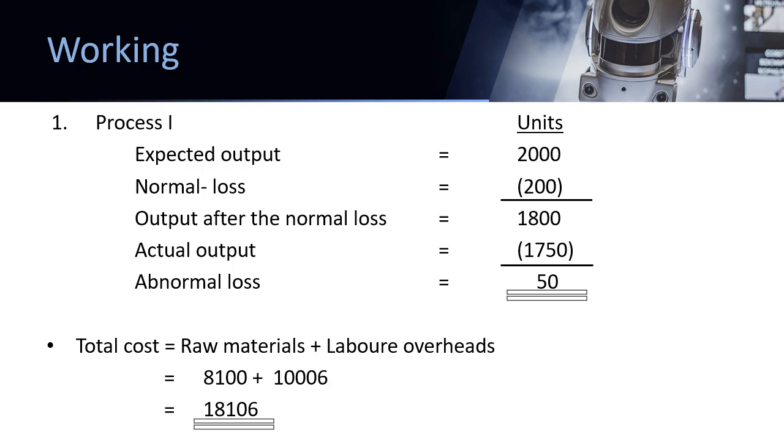Answer is 50 units. It is the abnormal loss. Then we can calculate the total cost. Total cost equals raw material plus labor overheads equals 8,100 plus 10,006. Answer is 18,106.